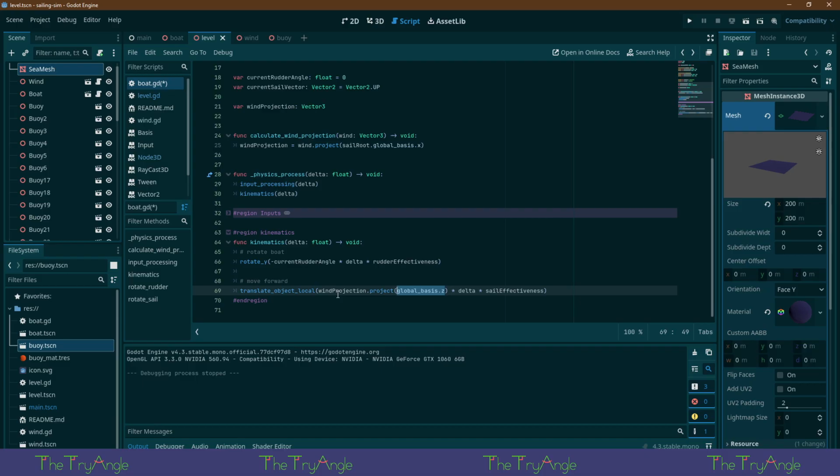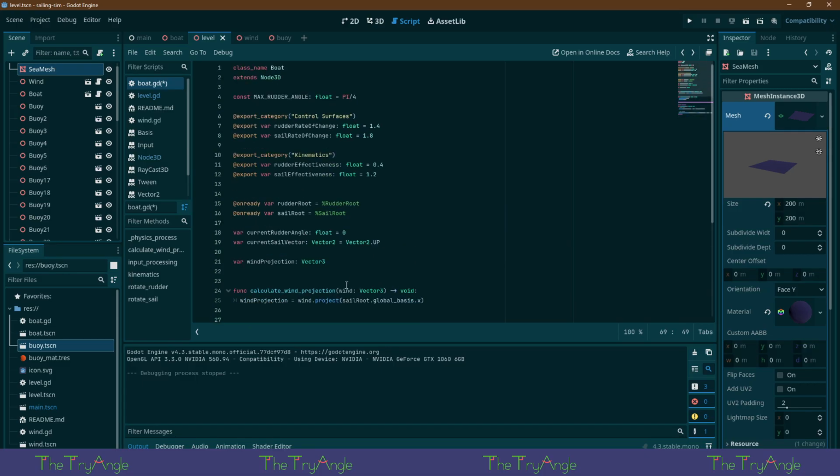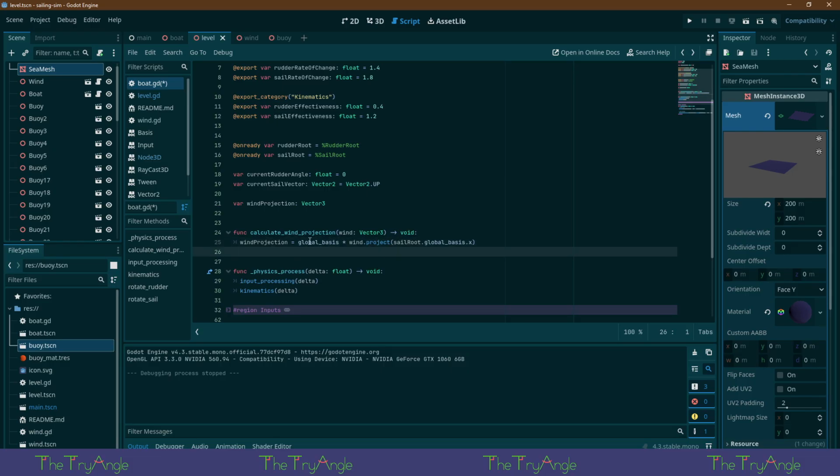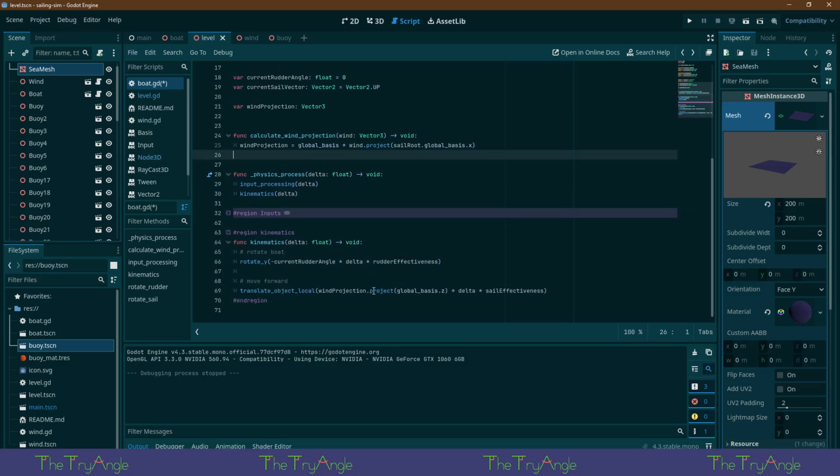All right, wind projection is, let's see, it's still global, yeah? What if we made this local? What if we did this relative to our local space? And then we said, let's see, project on a global basis.